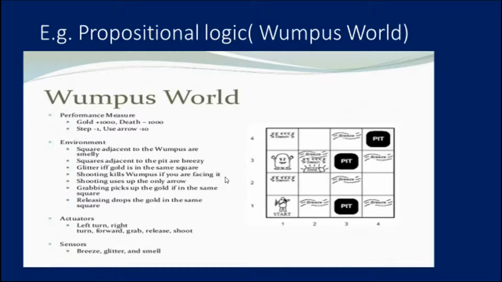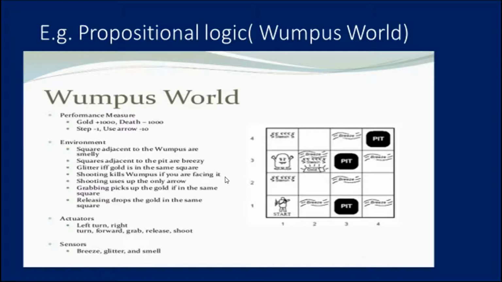The rooms adjacent to the Wumpus room are smelly, so they would have some stench. Make a note, keep it in mind. The rooms adjacent to a pit have a breeze, so if the agent reaches near a pit, he will perceive the breeze.